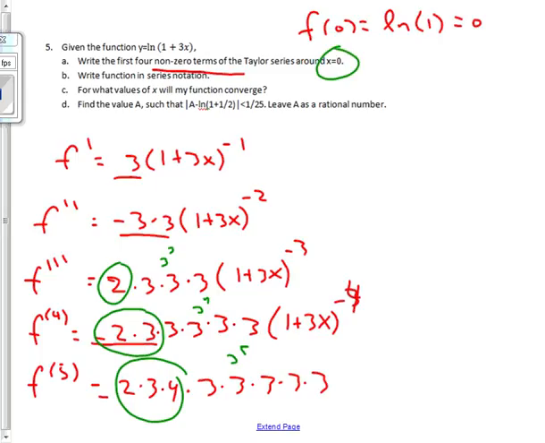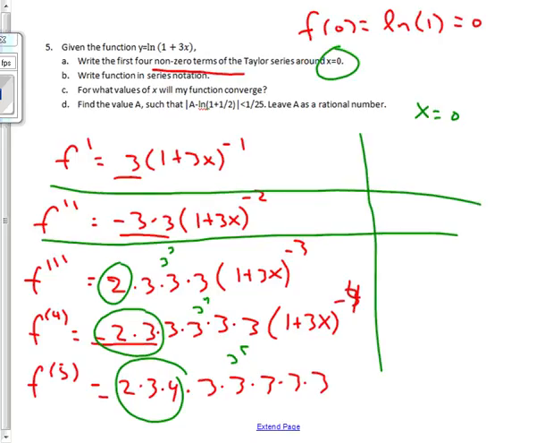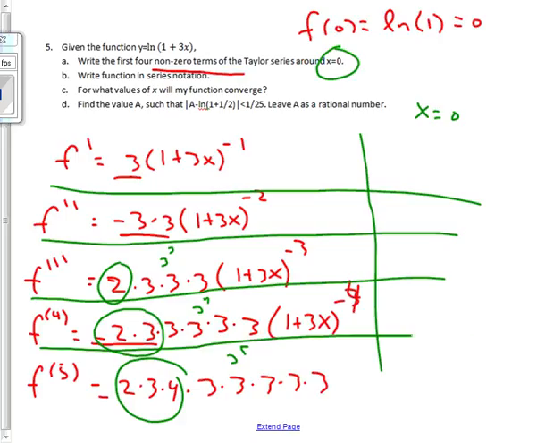So at x equals 0, we end up with just 3 and negative 3 times 3 and 2 times 3 times 3 times 3 and negative 2 times 3 times 3 times 3 times 3 times 3 and 2 times 3 times 4 times.